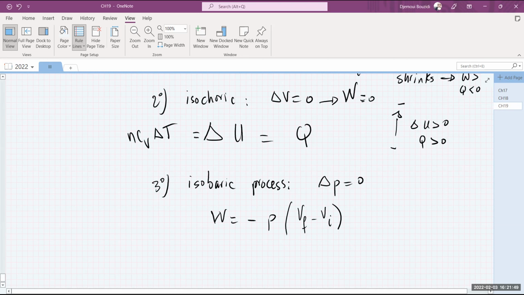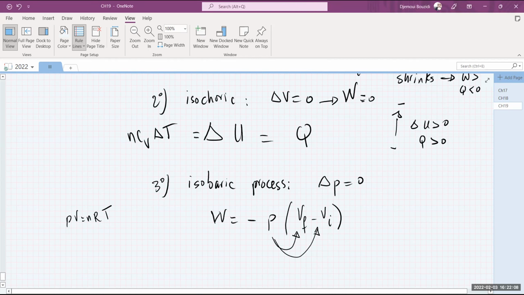Okay? I could plug the P back in, and this will become pressure times volume, and that is according to PV equal to nRT. n is the same, R is the same, and the volume changes to the final volume.